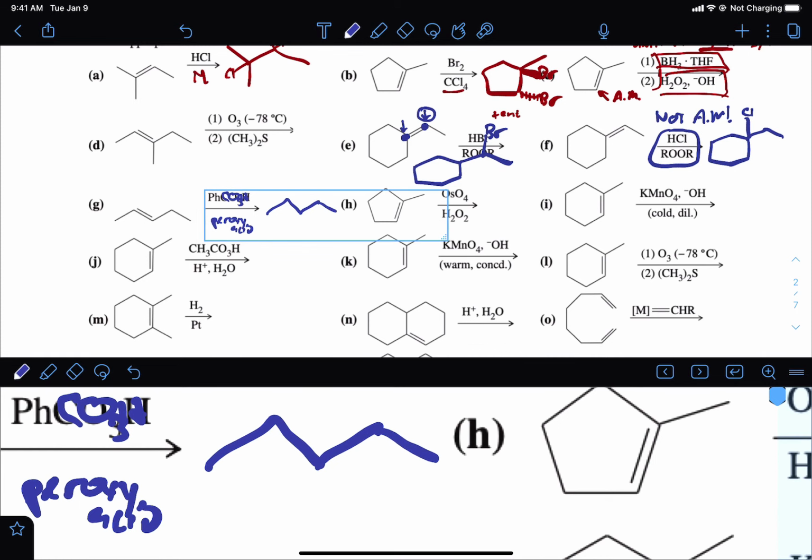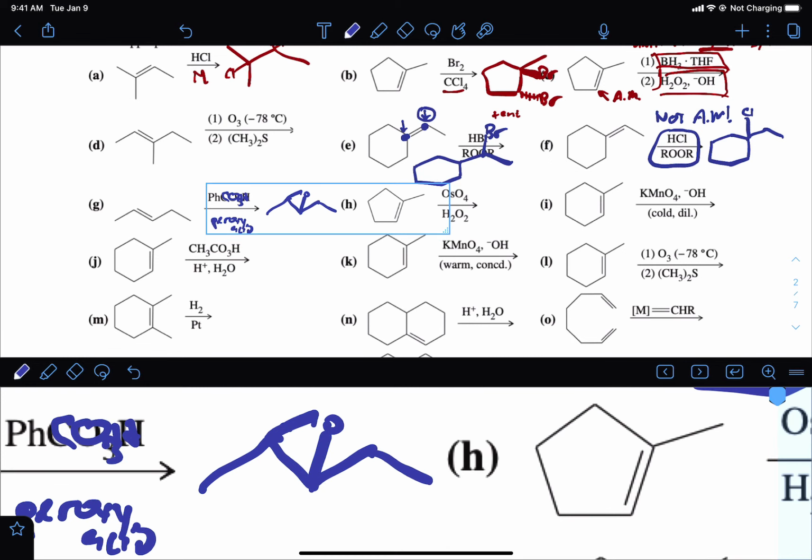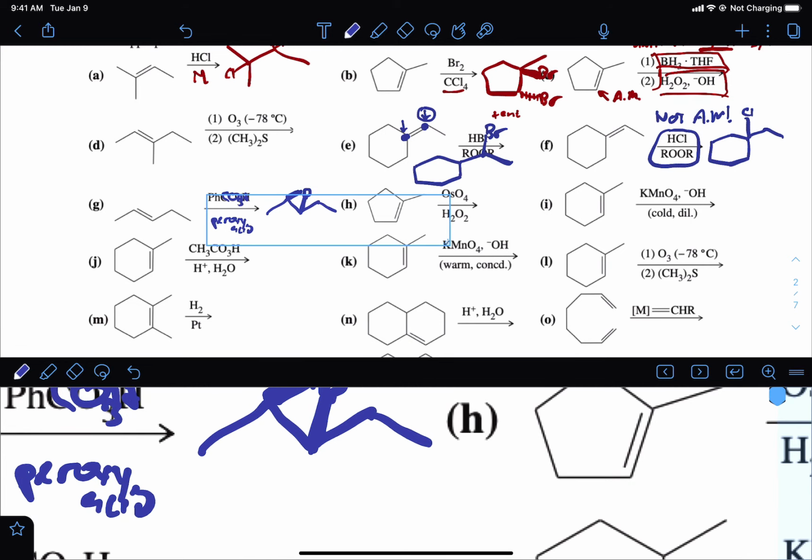So between the carbons that are involved in the double bond, we're going to bridge an oxygen. Okay. And those wedges can be both wedged or dashed. So plus an enantiomer.